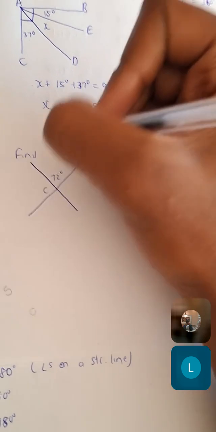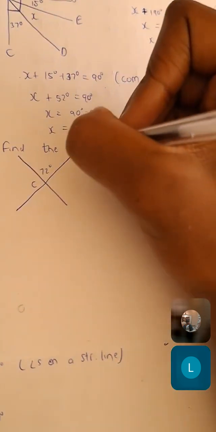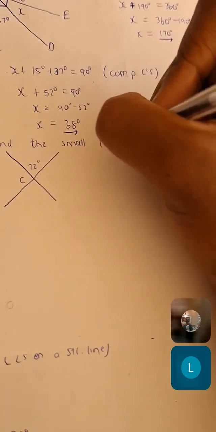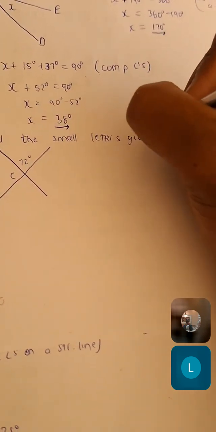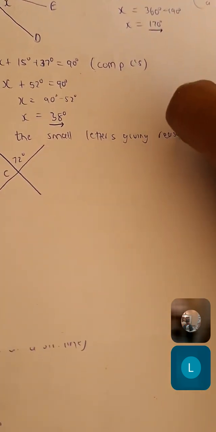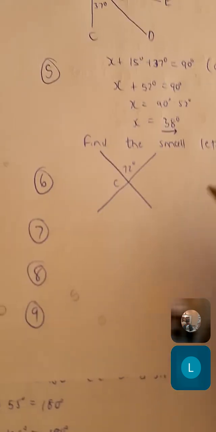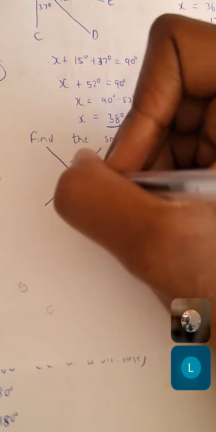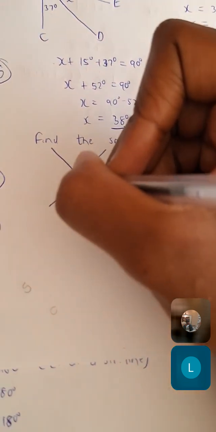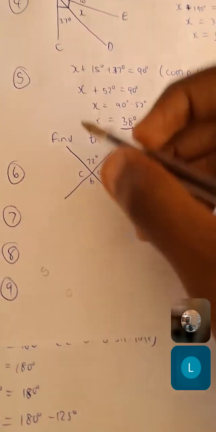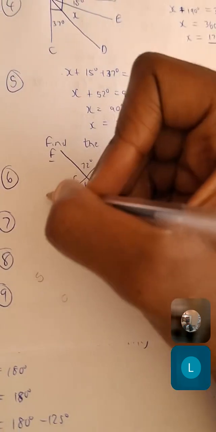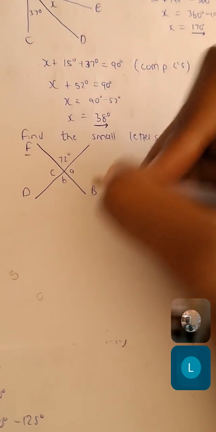Okay, this time round, find the small letters, giving reasons. So I want small letter a, small letter c, small letter b. This time round we have straight lines, unlike the other diagram. These lines are straight, okay?